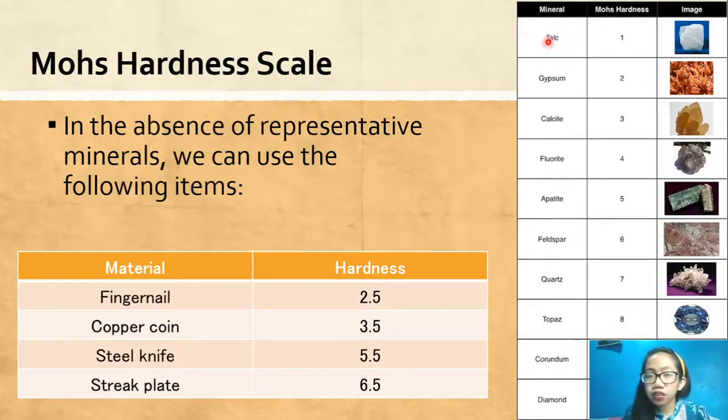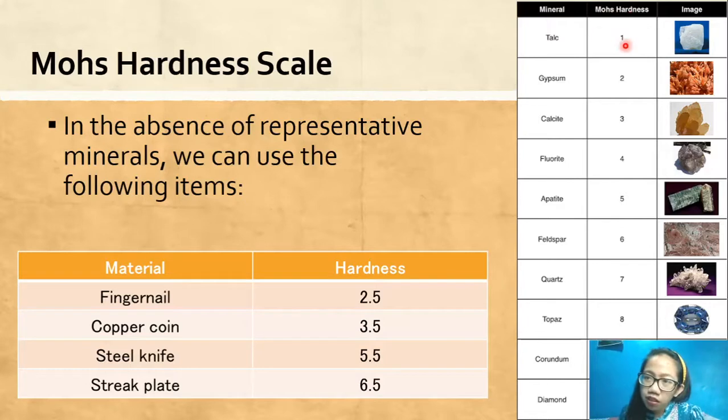Talc is a very soft material that I think you are very familiar with. It's something you use for powder, like face powder. As you can feel, it's very soft, and that's number 1 on the Mohs hardness scale. The powderized form of talc is what we use for face powder.